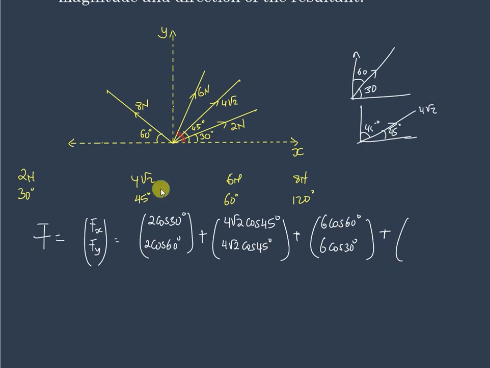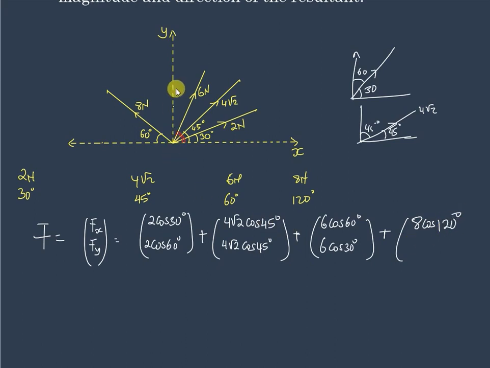Then for this one, the 8 Newton force, we will resolve along the positive x and then positive y. Along the positive x-axis, this force is inclined at an angle of 120. So we have 8 times the cosine of 120 degrees.